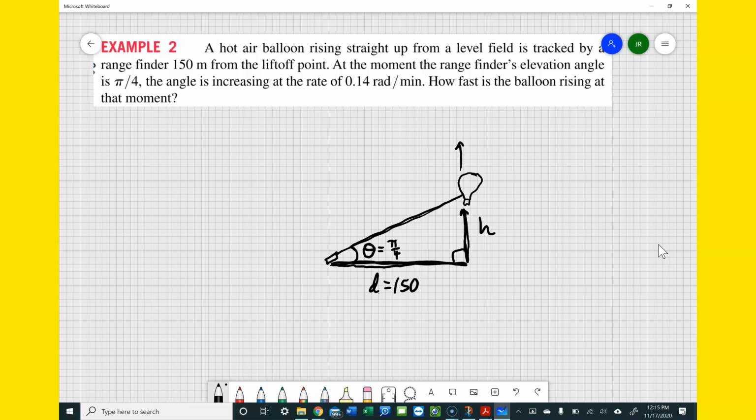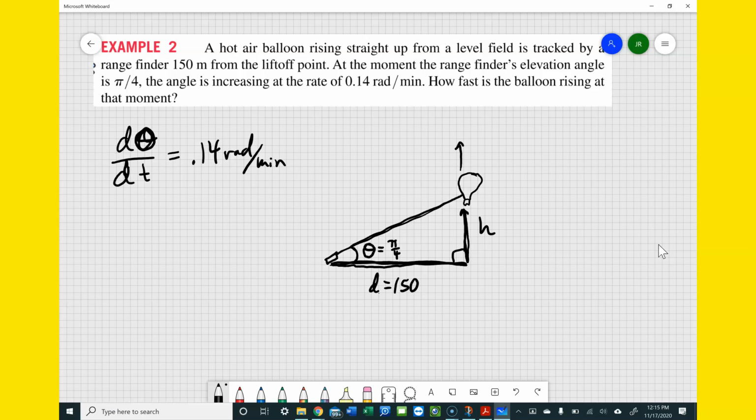And it's increasing at a rate, so d theta dt, because it tells me that the elevation angle is increasing at the rate of 0.14 radians per minute. So that's the rate of change for theta, d theta dt. So what do I want to use here?